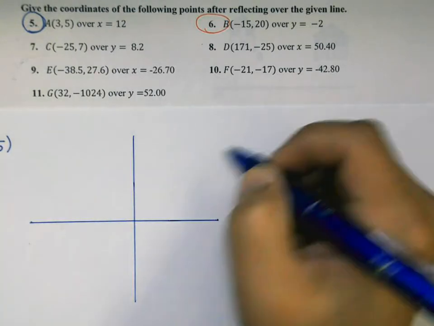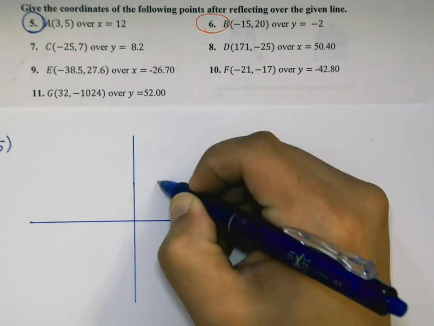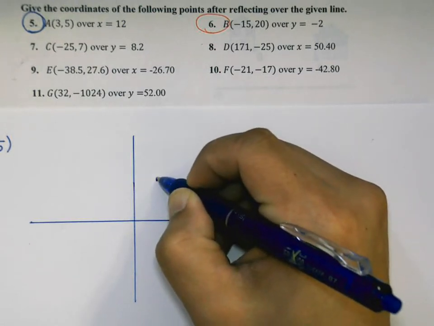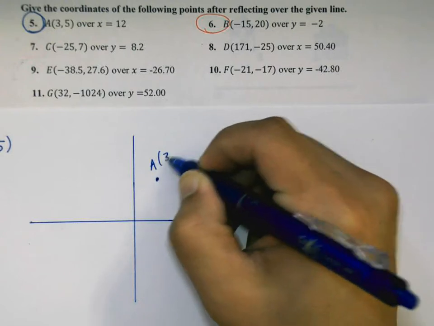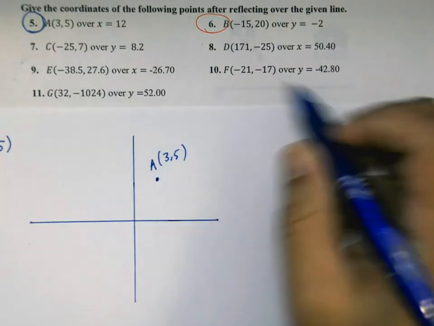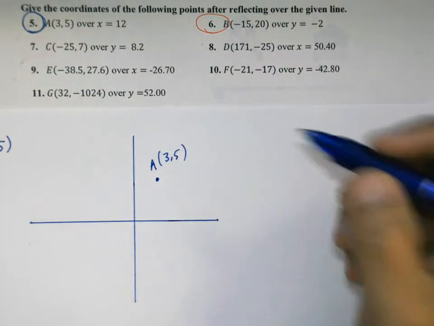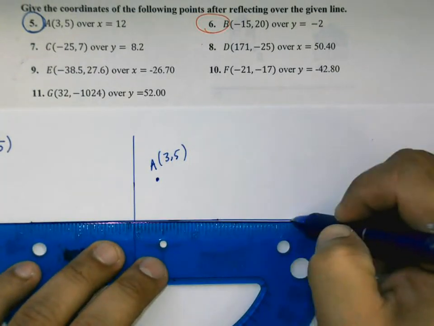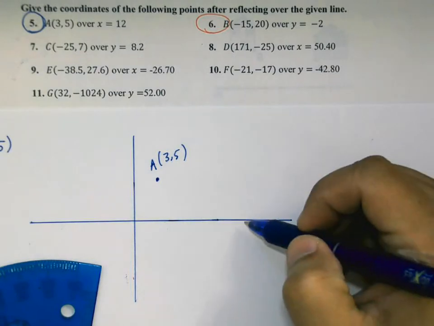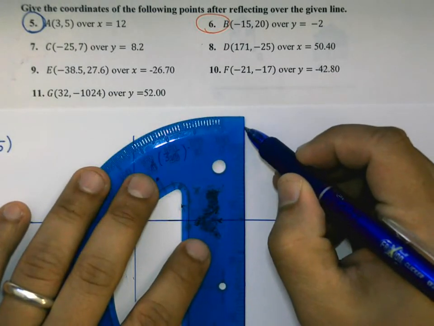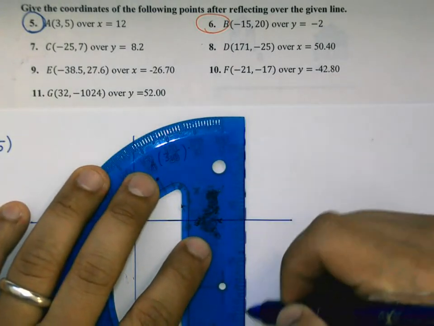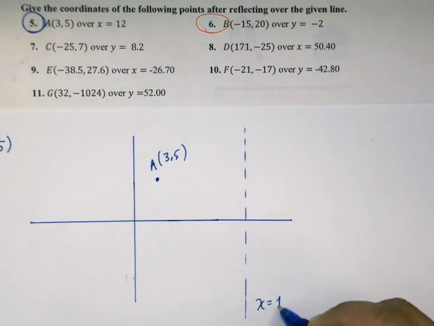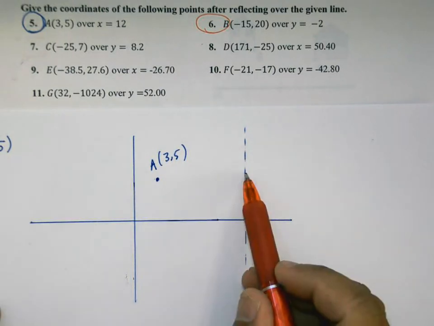Okay, so A is (3, 5), 3 over and 5 up, and it's approximately here. And the line that we're reflecting over is x equals 12. So it's a vertical line, so it's somewhere around here, approximately. And we're taking A, and we're flipping it over this line.